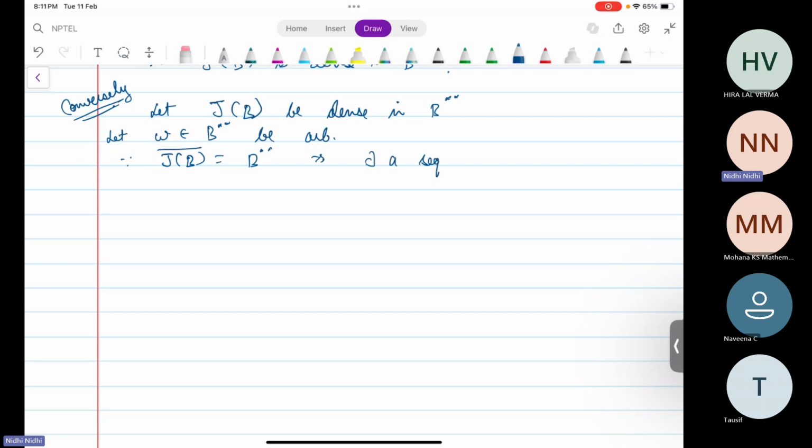We can find a sequence in JB. Since the sequence is in JB, I can write it of the form Tvn in JB such that this Tvn converges to w as n tends to infinity. Here these vn belong to B for every n in N.